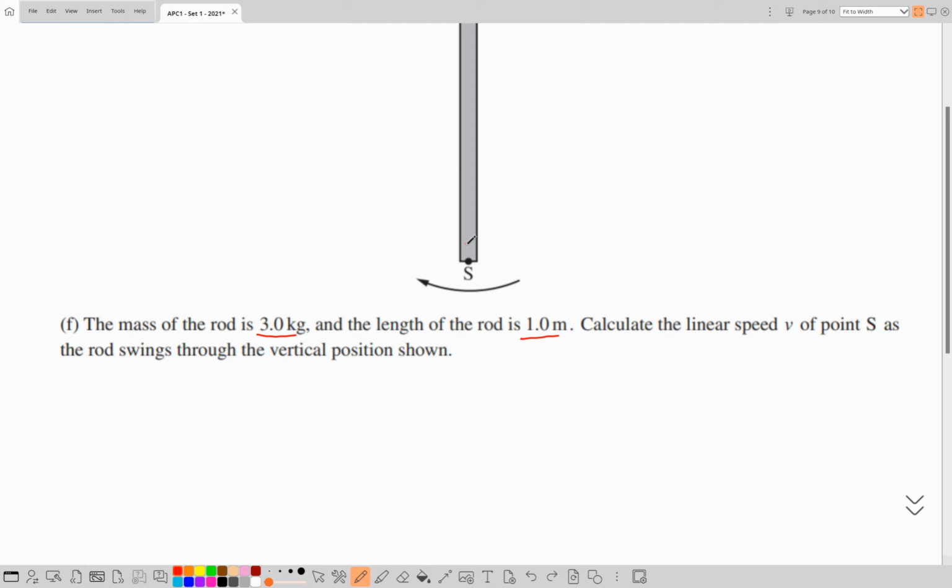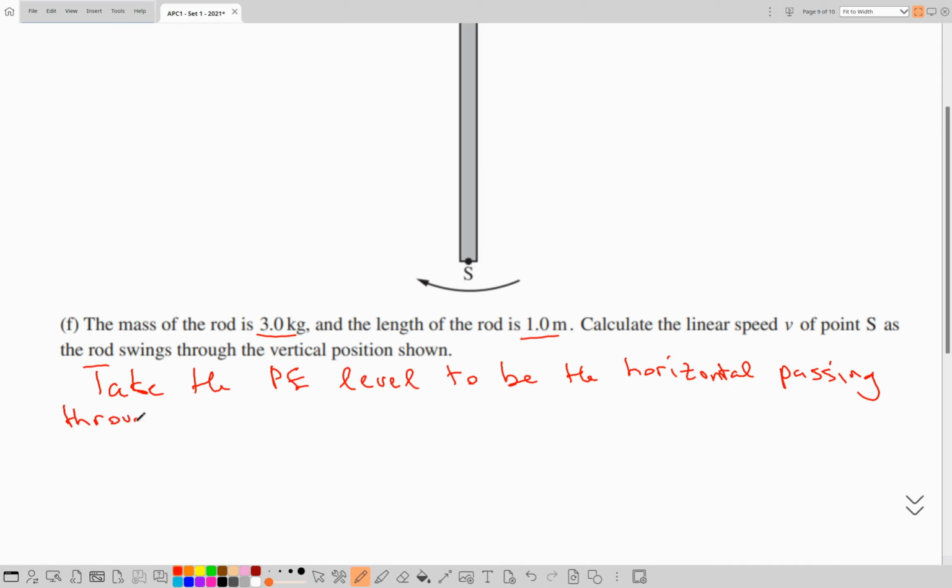So let me say: take the PE level to be the horizontal passing through the center of mass in the final position, and the final position basically is the vertical position of the rod.